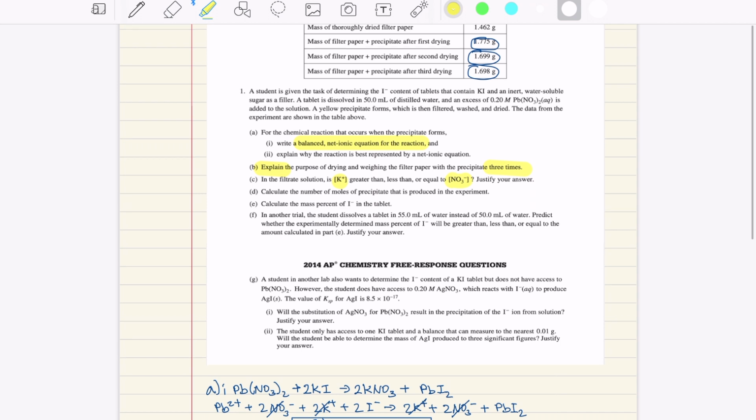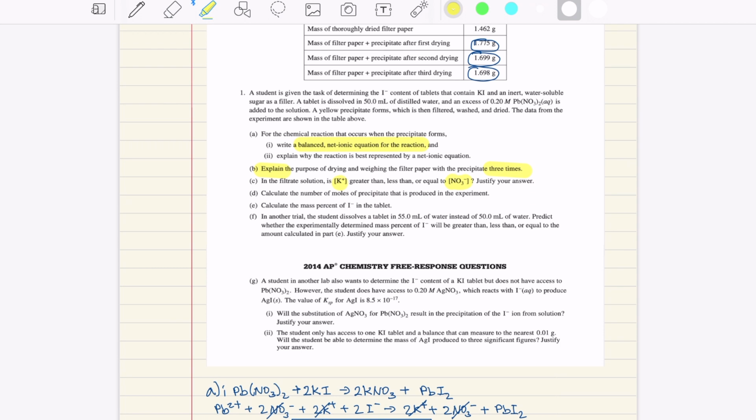So the key to answering this question is actually going back to the original question. In the original question, it says a tablet of KI, so that's where the K+ comes from, is added to excess Pb(NO3)2. So from this question, we can see that the excess is the Pb(NO3)2, and the KI is the limiting reactant.